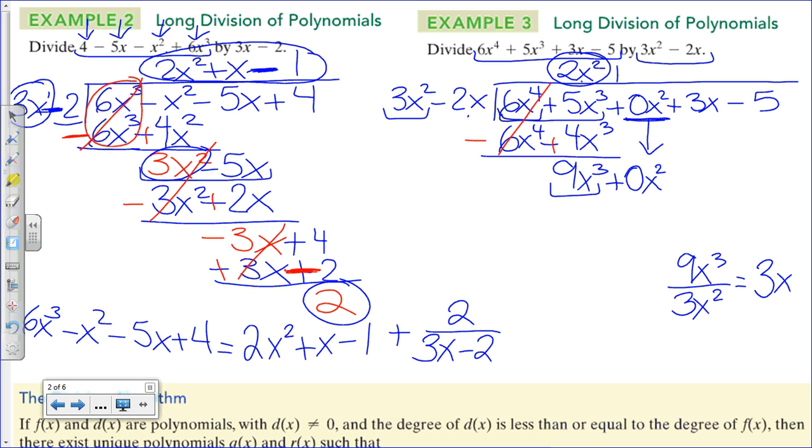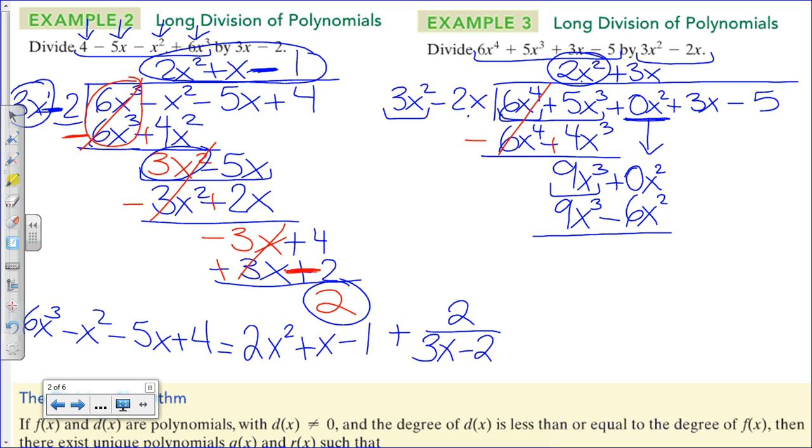So positive 3x, that's my next term on the quotient. And then my next step is to multiply. So 3x times 3x squared, that will be 9x to the third power, right? Because we add the exponents. Next thing is positive 3x times negative 2x, that will be negative 6x squared.